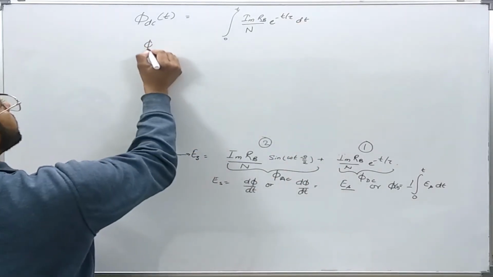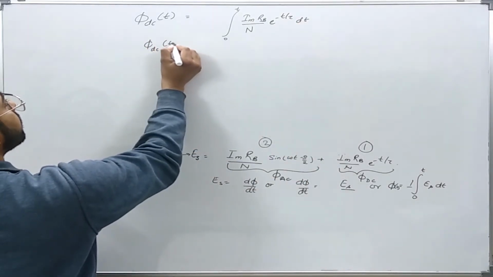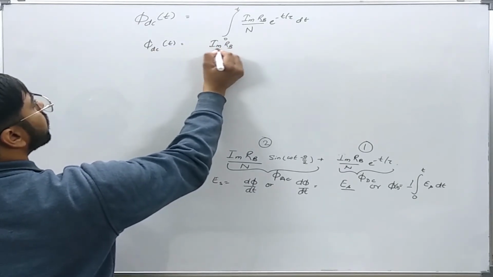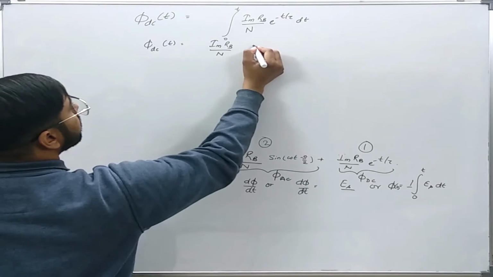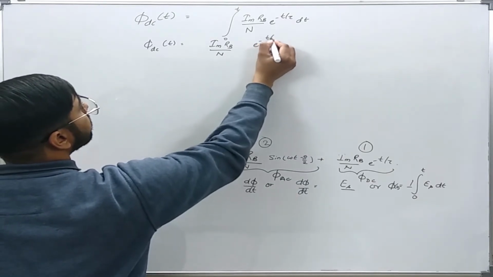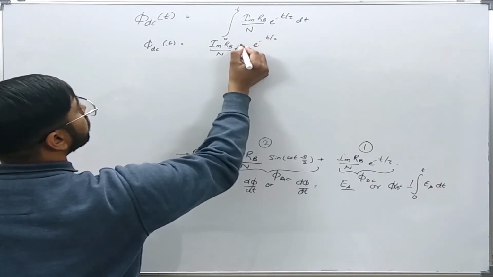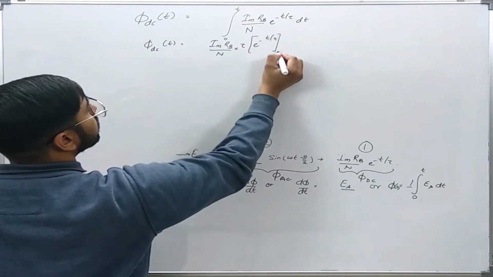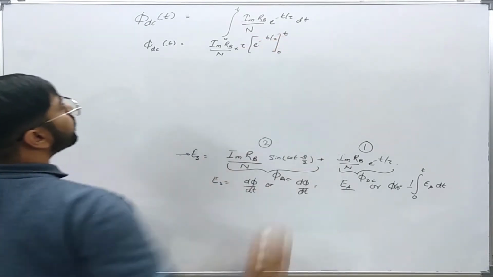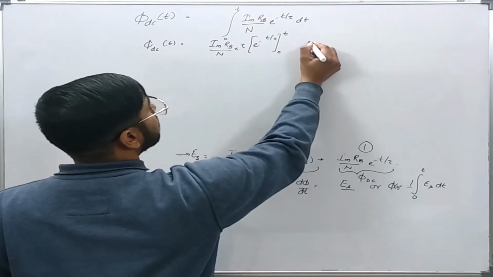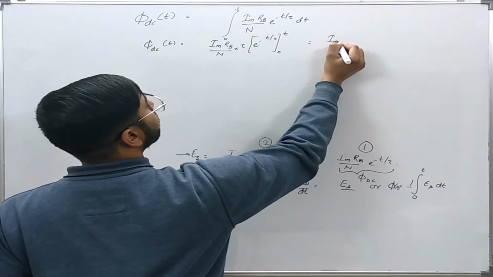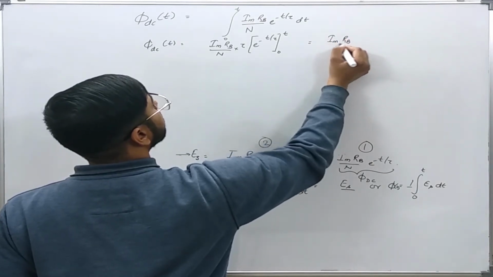So phi DC(t) will be equal to Im RB over N e^(-t/tau) into tau, with limits 0 to t.